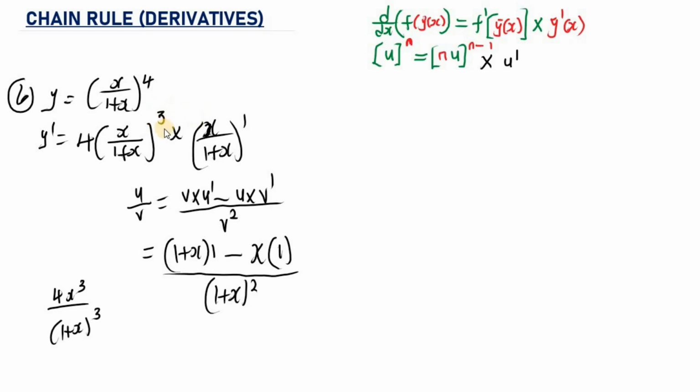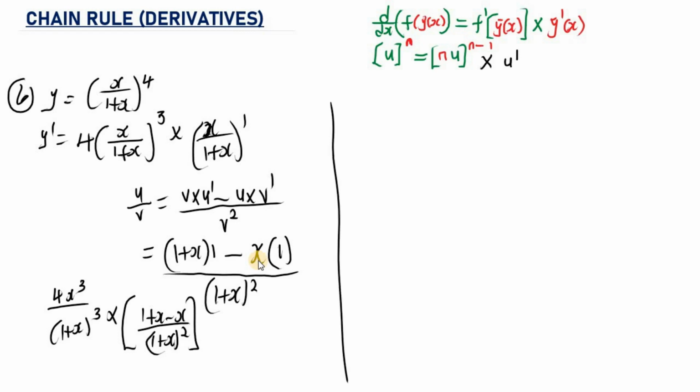So what I did is I distribute the power. I distribute this to the numerator and I distribute this to the denominator as well. So this is going to be multiplied by, as you can see, 1 plus s multiplied by 1 is 1 plus s, then minus s. So this is 1 plus s, then minus s, then divided by 1 plus s squared.